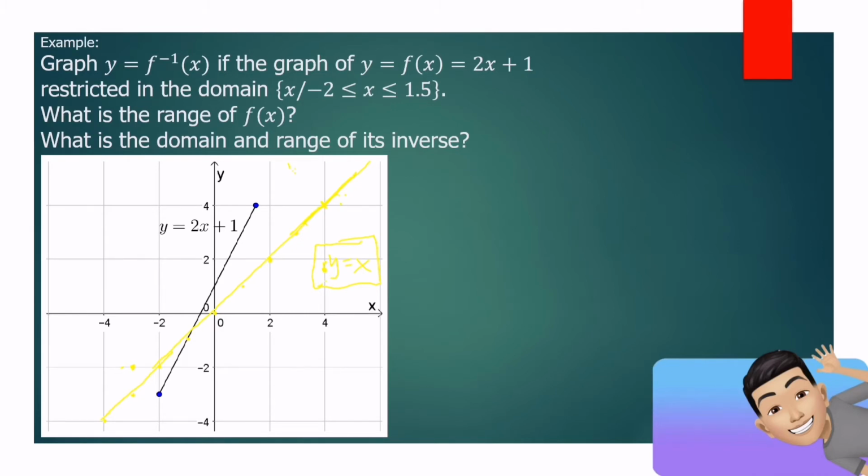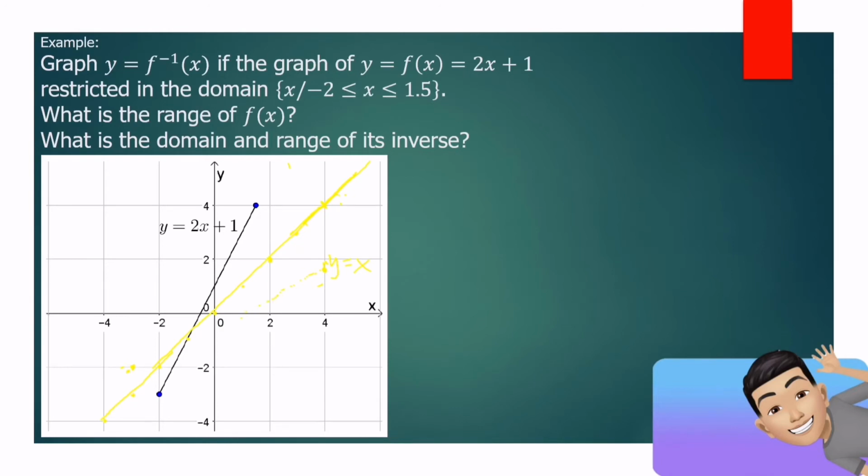So, connect natin yung point na ito doon sa isa pang given point. Sana magtama na siya ngayon. Hindi pa rin. Hindi na ako gagamit ng ganito, ang hirap kasi, i-dotted na lang natin.